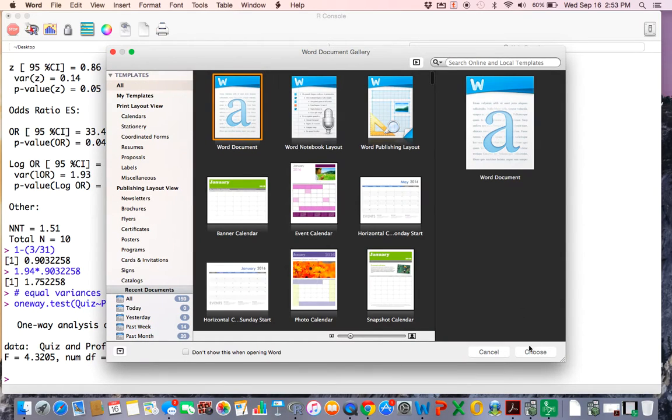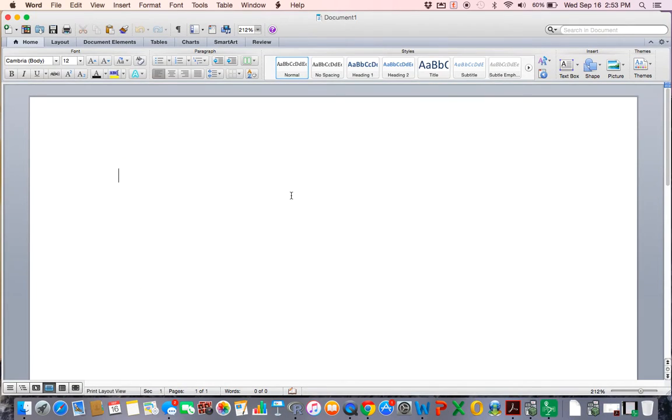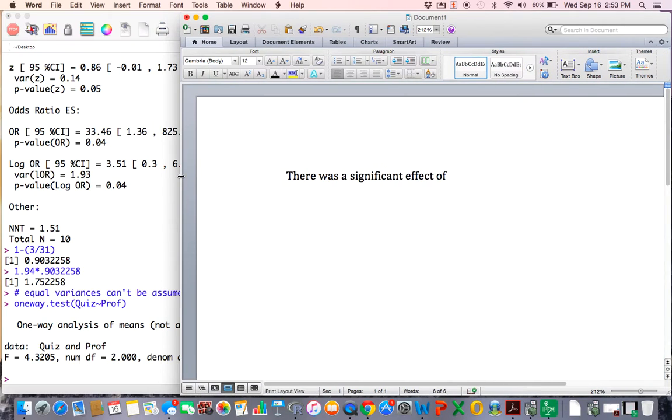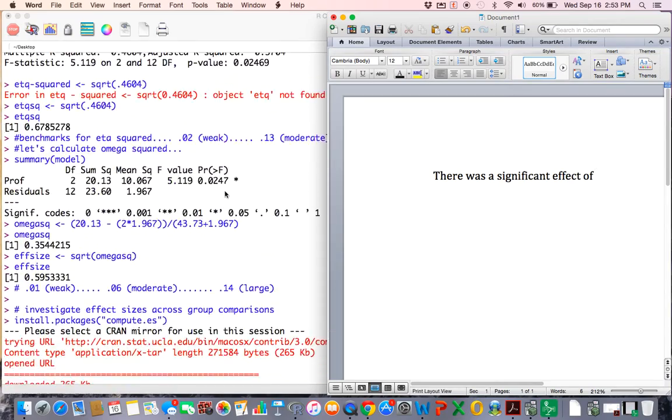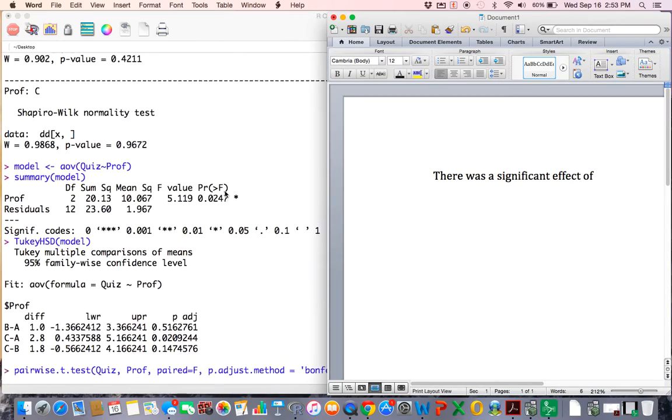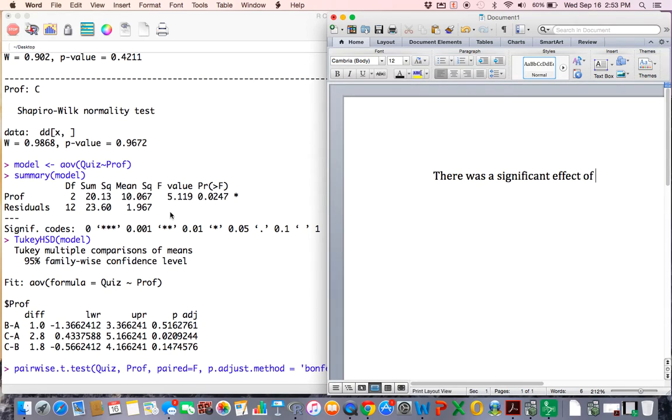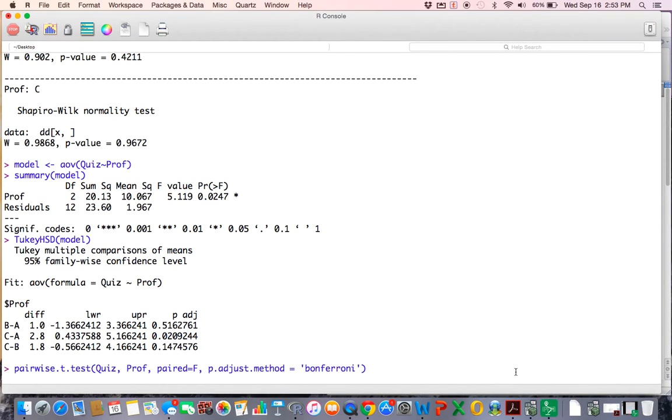I'll bring up a blank document and show you based on the results. So I would say that there was a significant effect of, I'll tell you what, I don't have this stuff memorized, so I need to go back up to the ANOVA. All right, right there's what I need.